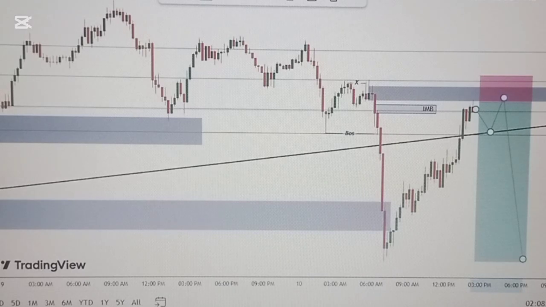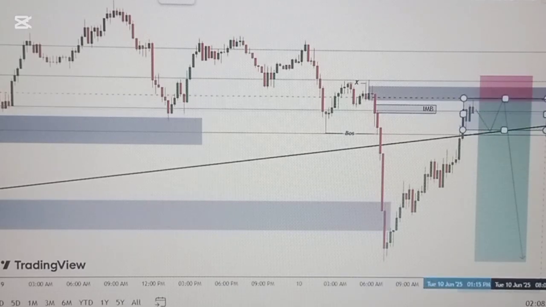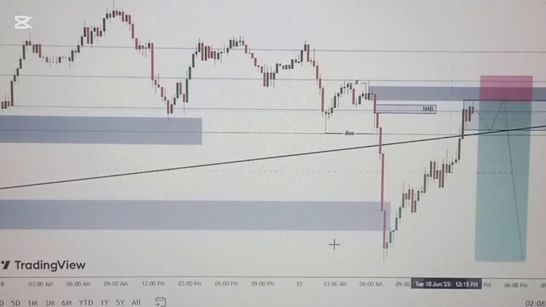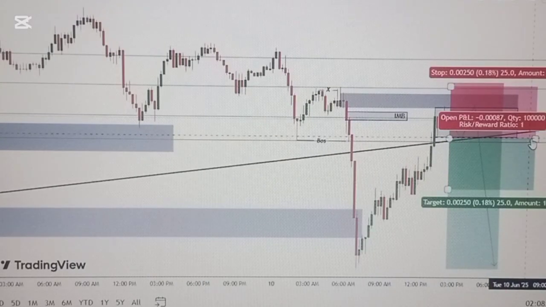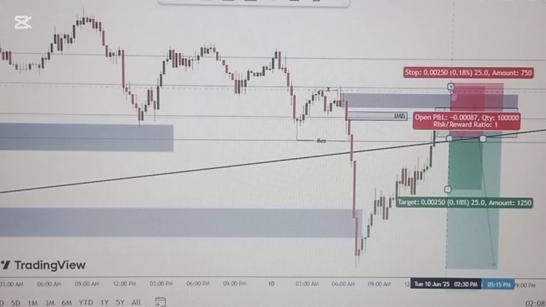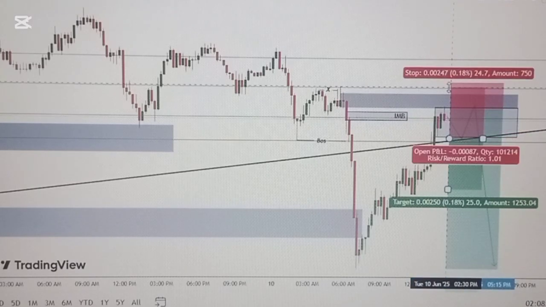So this is where I'm expecting all this game to play, inside this box. After getting the confirmation here, you can place your risk to reward around. Even if you get it from here, it's still a good trade. No cap. You can place it this way.